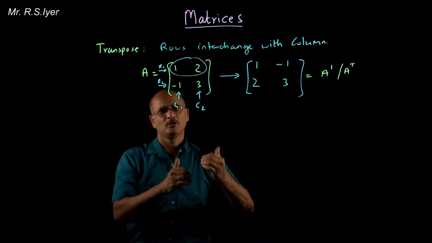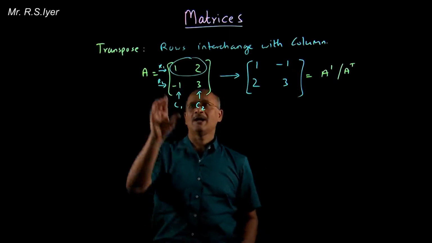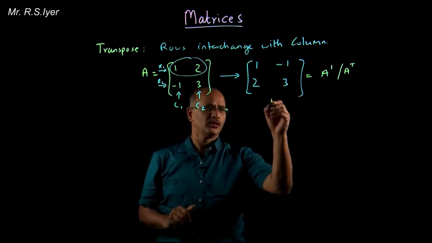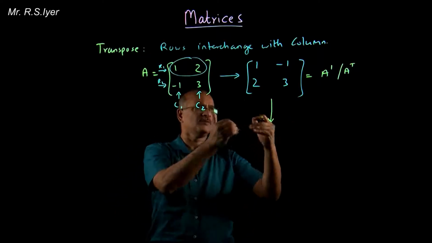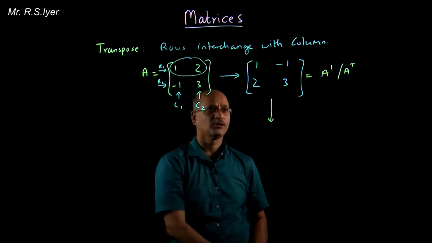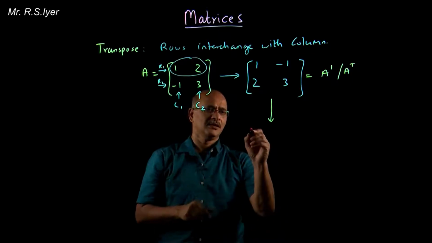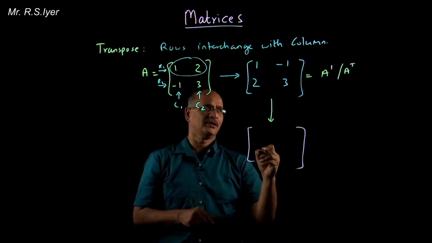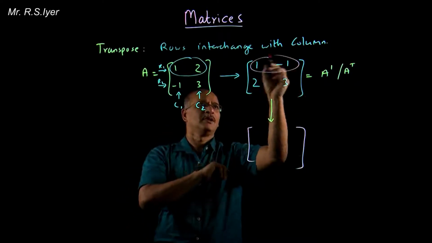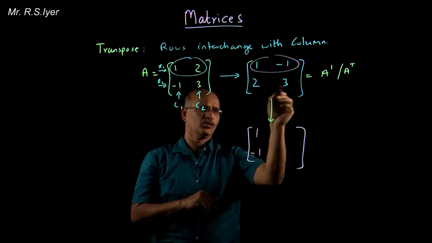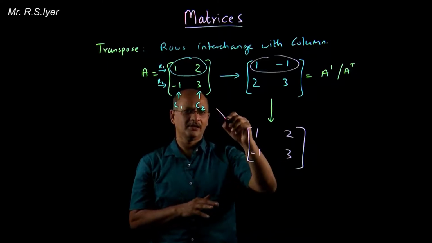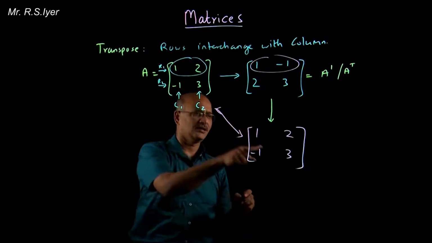Now let us go a little bit ahead. I got a matrix here, I got a transpose here. Now I want to take you further to the transpose of the transpose. So I want to find the transpose of the transpose here. What does that mean? Look at what is happening. Row 1, 1, -1, will become a column, and row 2 will become column 2. Now connect these two things. These two are the same matrix.